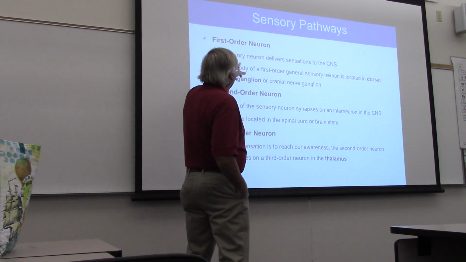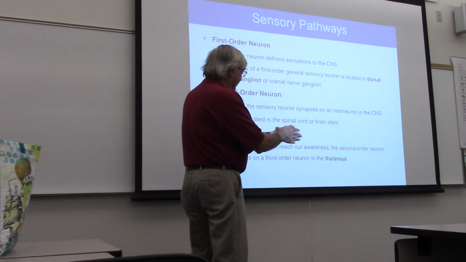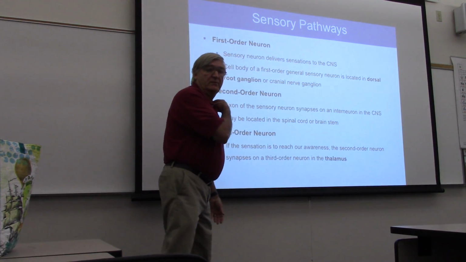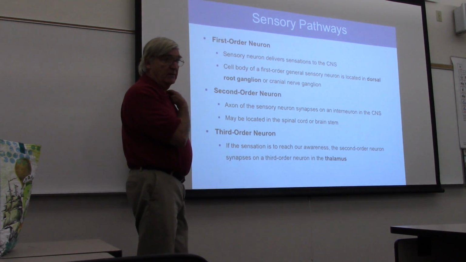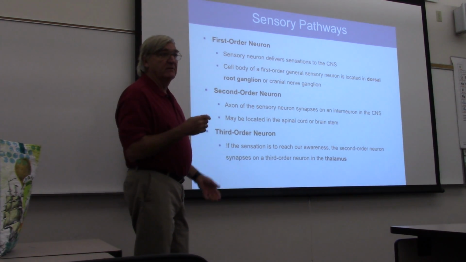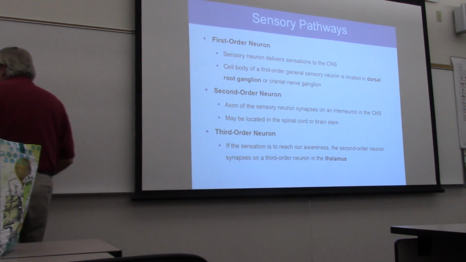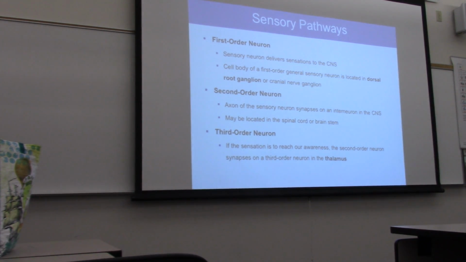The first order neurons bring it in from the finger up here, and they carry it up to the dorsal root ganglion of the spinal cord. Remember those guys? Dorsal root, sensory. Dorsal is always sensory.